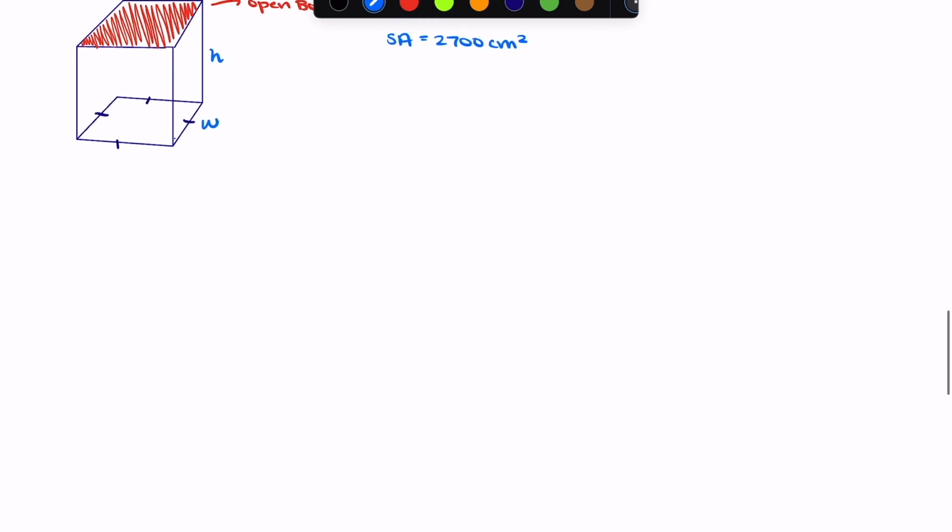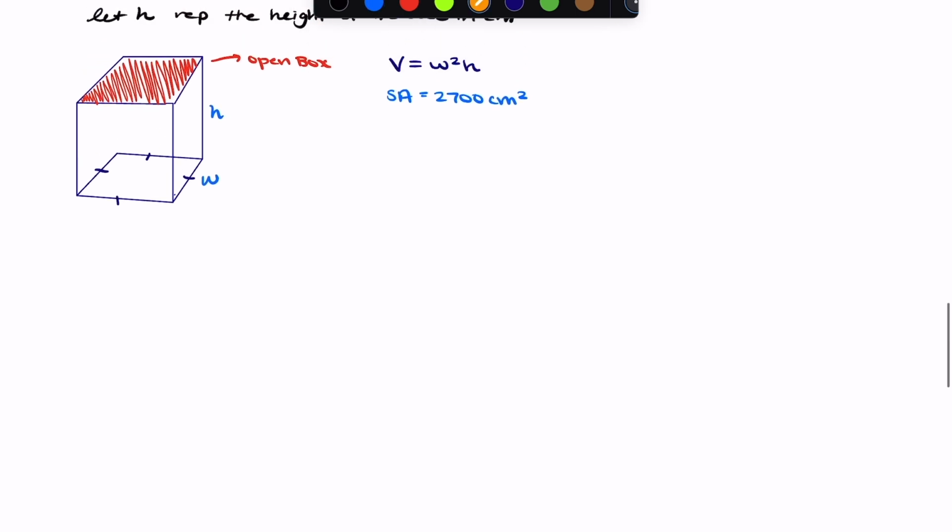And so we know that the surface area is calculated by the area of the bottom plus 4 times the area of the sides, and that's all going to be equal to 2,700.